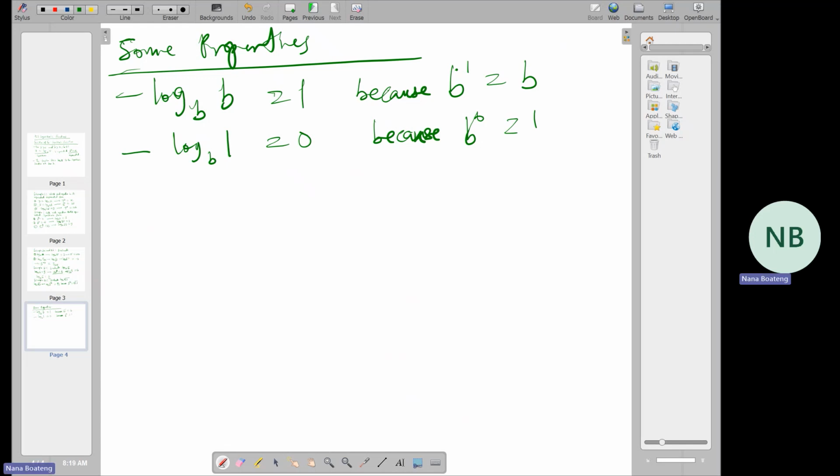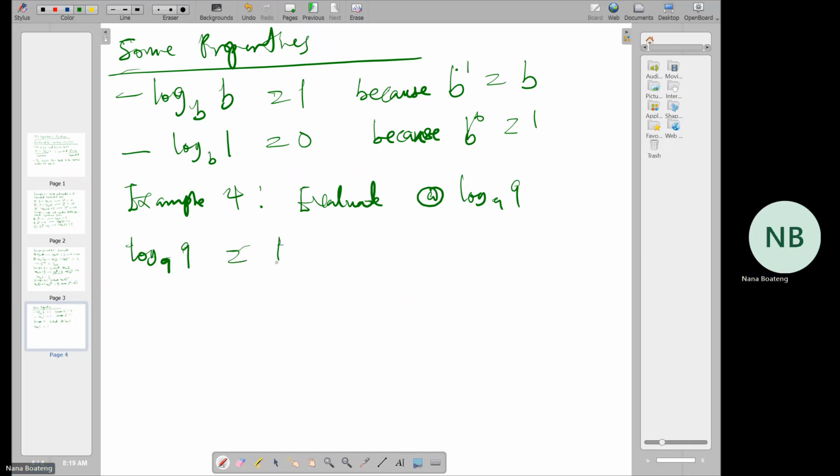All right, so example 4 says evaluate a log to the base 9. Log to the base 9 of 9 is equal to 1.